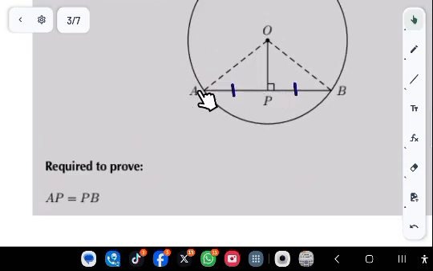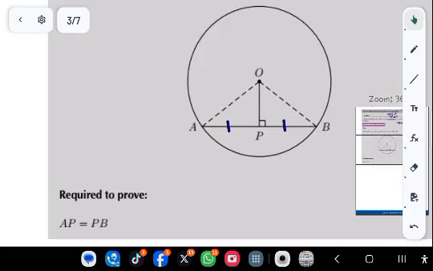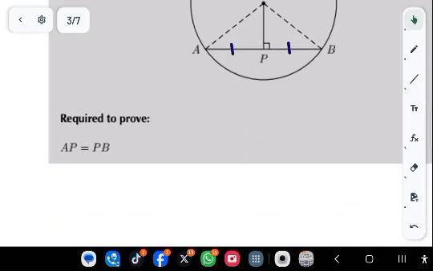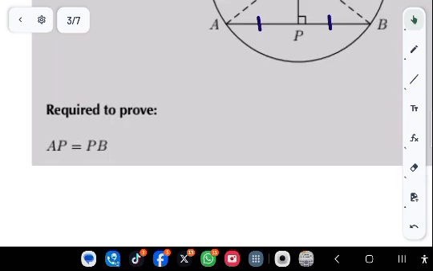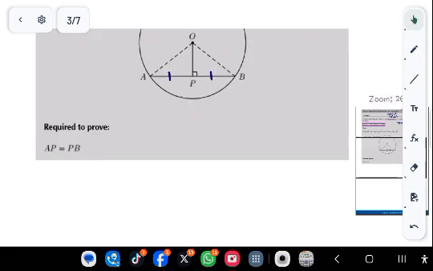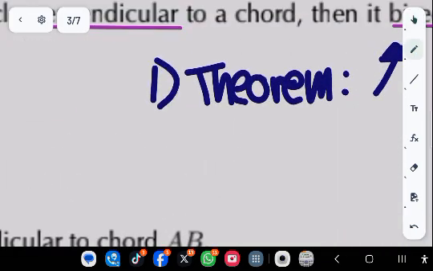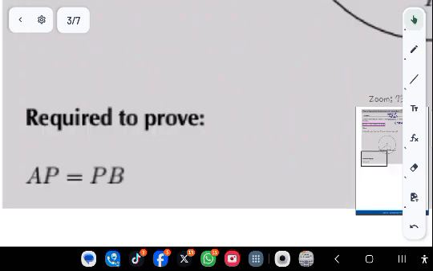If OP bisects AB, then it cuts it into 2 equal halves, meaning that therefore AP will be equal to PB, meaning that the point P is the point halfway on the line AB, or the chord AB if you want, meaning that AP is equal to PB. I hope now you understand. So that's what we are required to prove. We are required to prove that AP is equal to PB. So that was step number 1, the theorem. We're done with that. Step number 2, what is the goal?